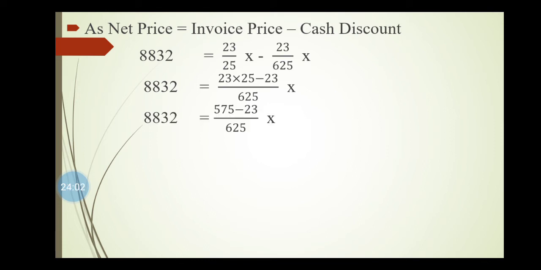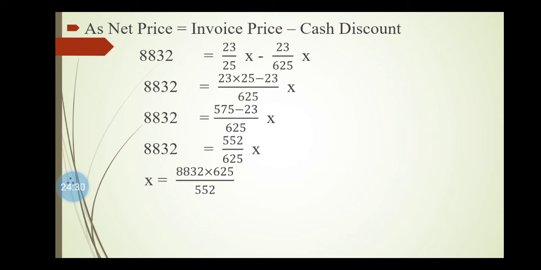It is equal to 8,832 equals 575 minus 23 upon 625 x. So it becomes 8,832 equals 552 upon 625 x. Again we have to transpose 552 upon 625.